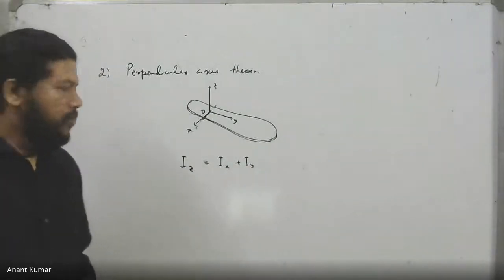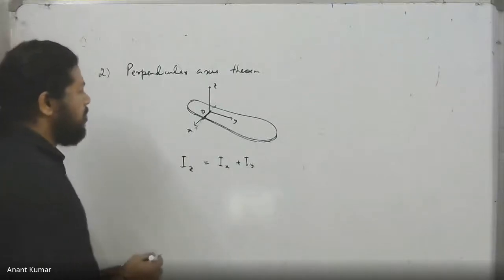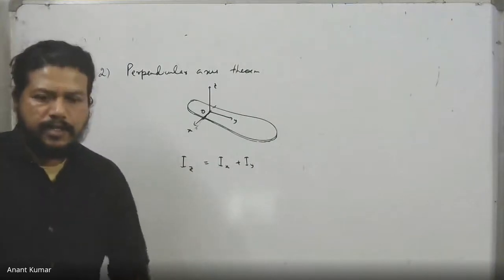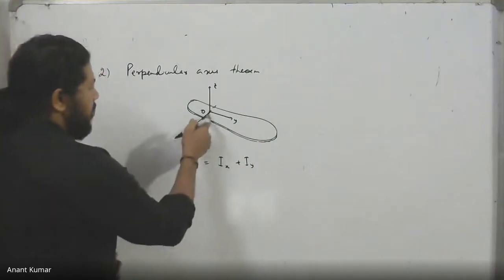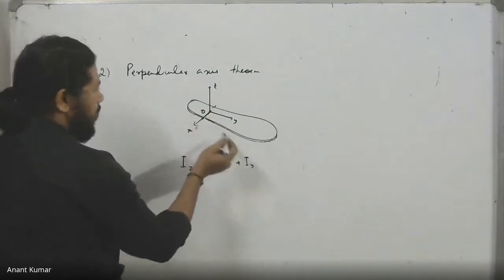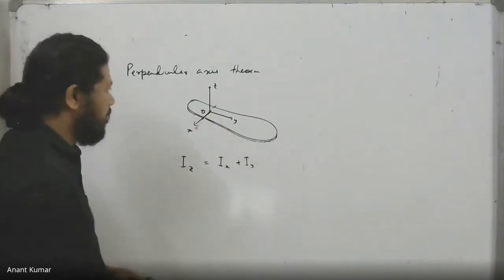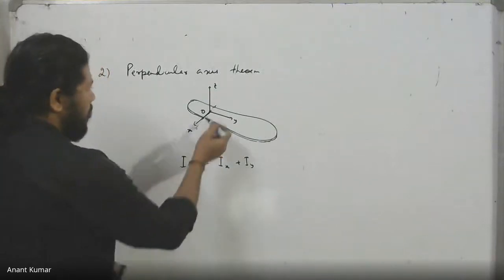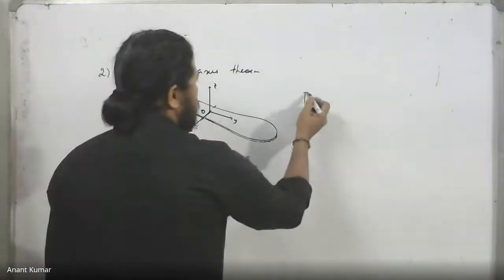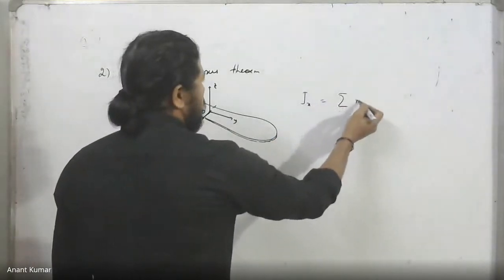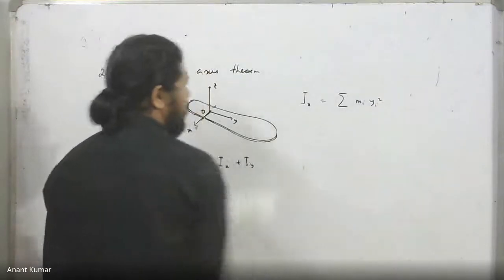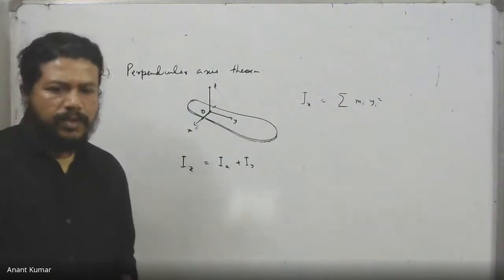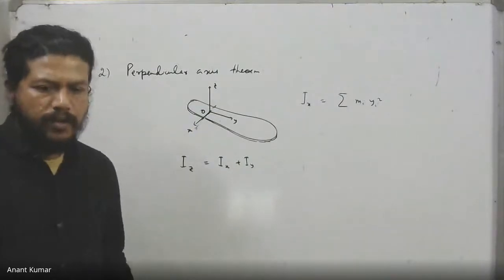That's relatively straightforward to prove, because if I look at the moment of inertia about the X axis of this body, we're considering m_i into x_i square about the X axis. If I consider a point mass lying on this particular plane, what will be mattering then is the distance from the X axis, which is the Y coordinate actually. So Ix in this case is the summation of m_i into y_i square, because for finding the moment of inertia over the X axis, we'll have to take the distance from the X axis, which is going to be the Y coordinate actually.